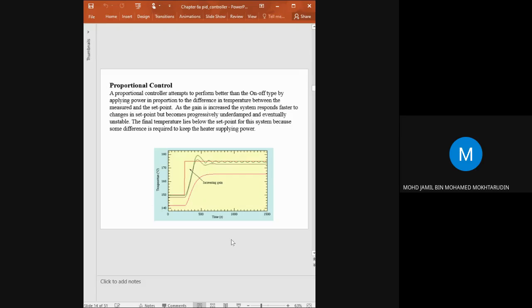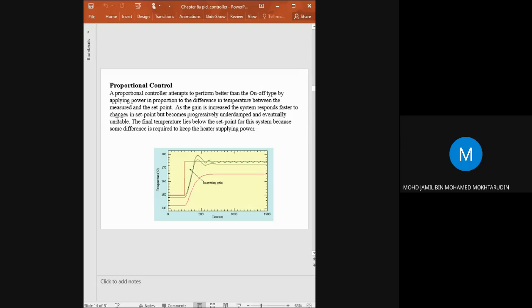Okay, so proportional controller first. Okay, so a proportional controller attempts to perform better than an on-off type controller. So as the gain increase, the system responds faster to the changes in set point, but becomes progressively underdamped and eventually unstable.